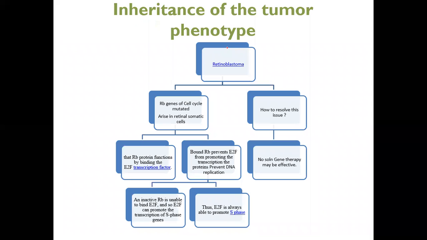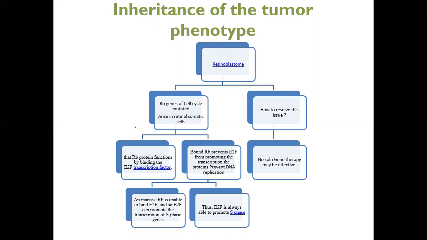Inheritance of tumor phenotypes. For example, we discuss retinoblastoma. The RB genes of the cell cycle are mutated and arise in retinal somatic cells.